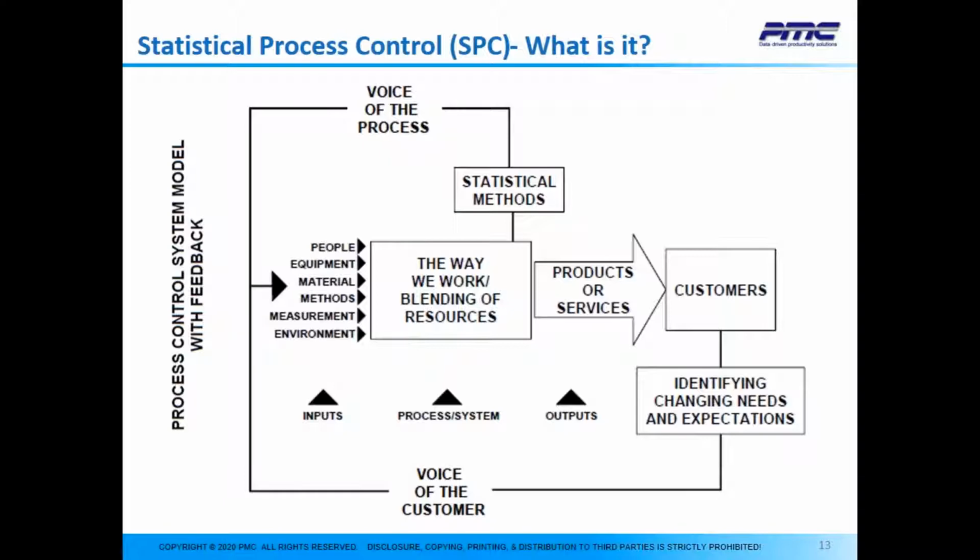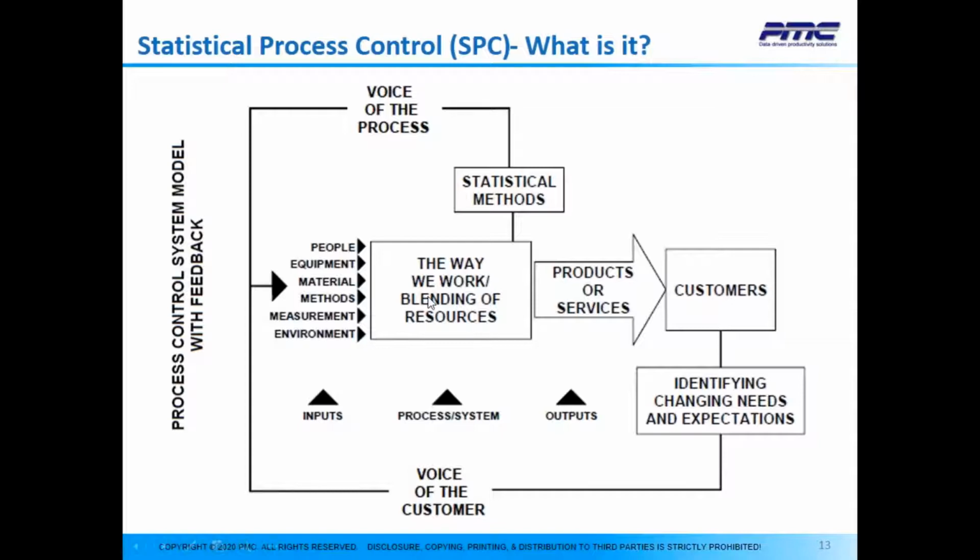The data is collected and used to evaluate, monitor, and control a process. SPC is an effective method to drive continuous improvement. So by monitoring and controlling a process, we can assure that it operates at its fullest potential.